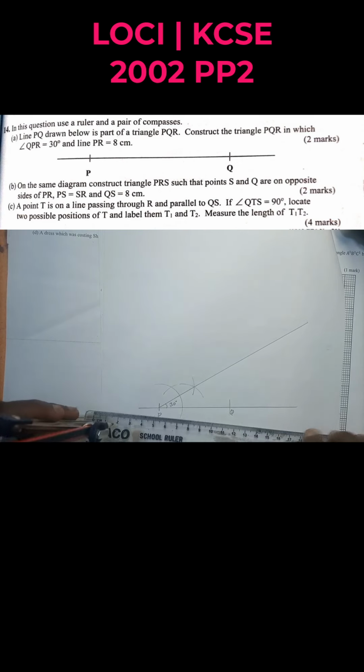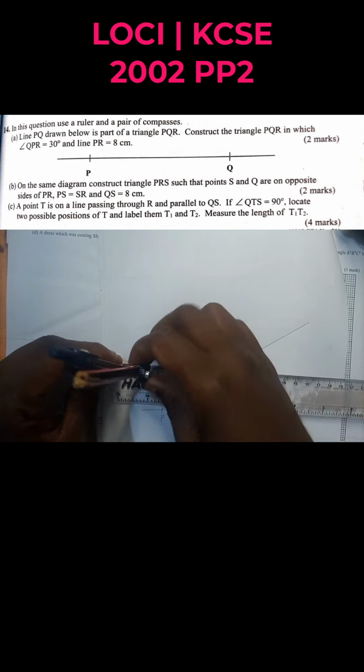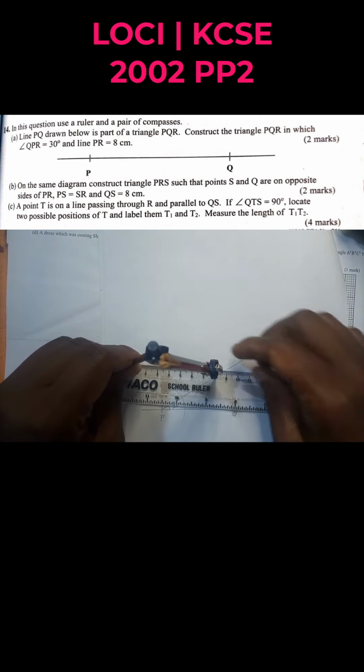Then from there, you have to ensure that PR is 8 centimeters. So start at P and take a measurement of 8 centimeters. From your ruler, take a measurement of 8 centimeters like that.